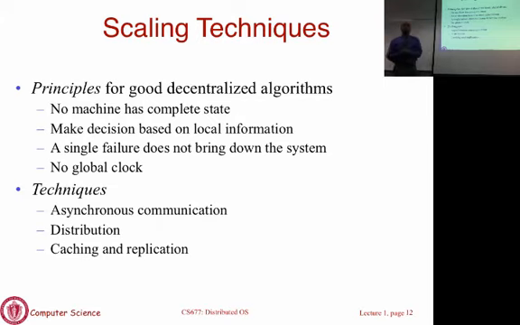The last principle is that you shouldn't require a global clock. This is a fancy way of saying you shouldn't require perfect synchronization in your system. We will see that there are many distributed systems that make decisions based on timestamps. When a request comes in, they timestamp it, the request is sent out to some other machine, it does something to it, and so on.